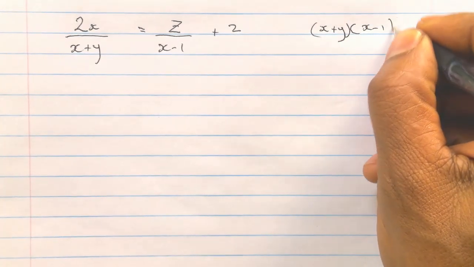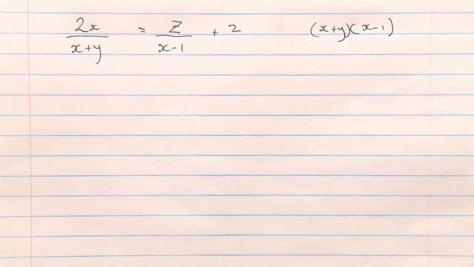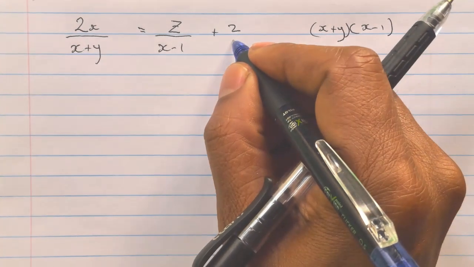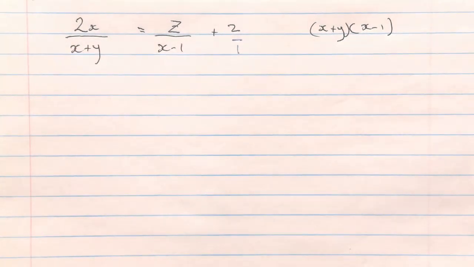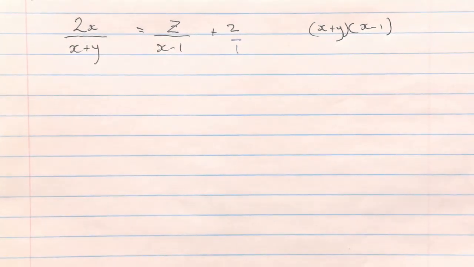So I am going to do it by taking the longer route, all right, because I don't want people to get lost. So that one will be a 2 over 1.